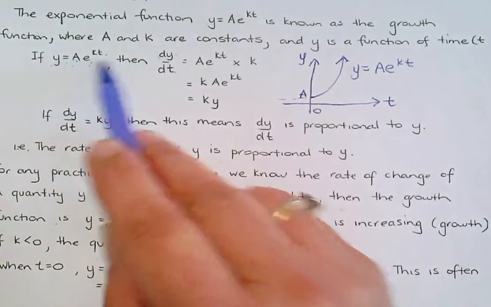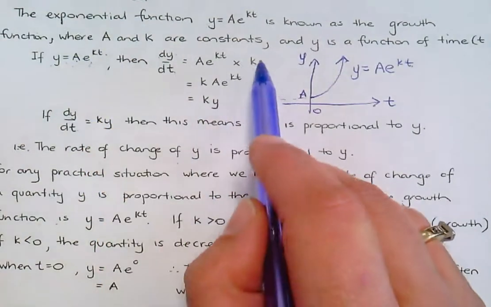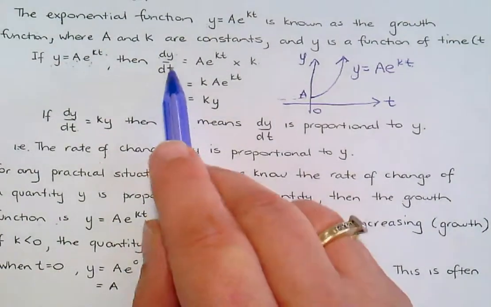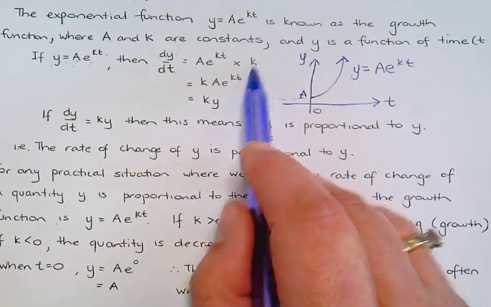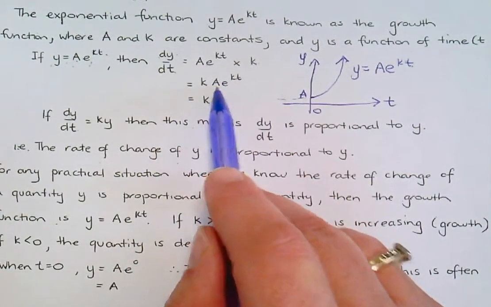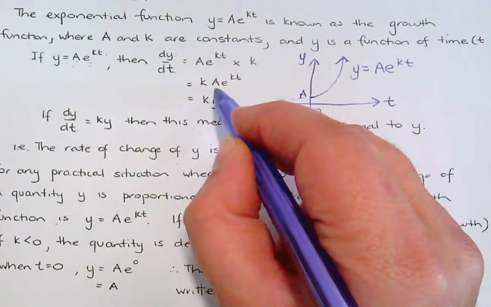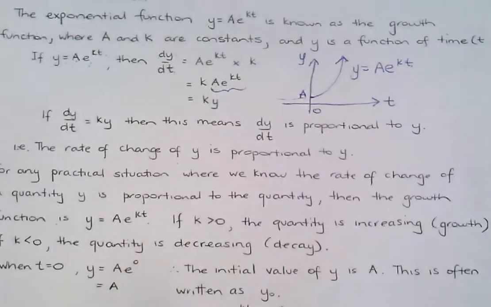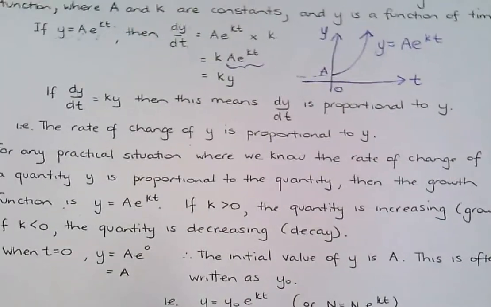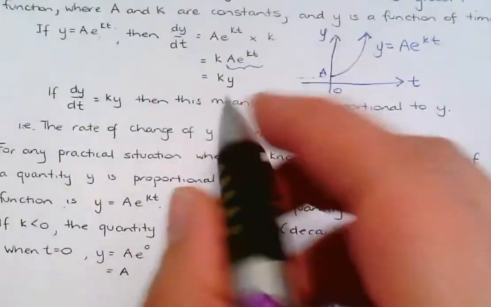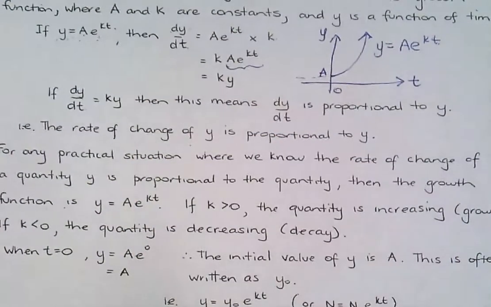I keep the A, and when I differentiate e to the kt, I get k times e to the kt, because I'm differentiating with respect to t. Notice we like to put this k out the front, so the derivative is kAe to the kt. Now, we know that this Ae to the kt is actually y, so therefore the derivative is k times y.